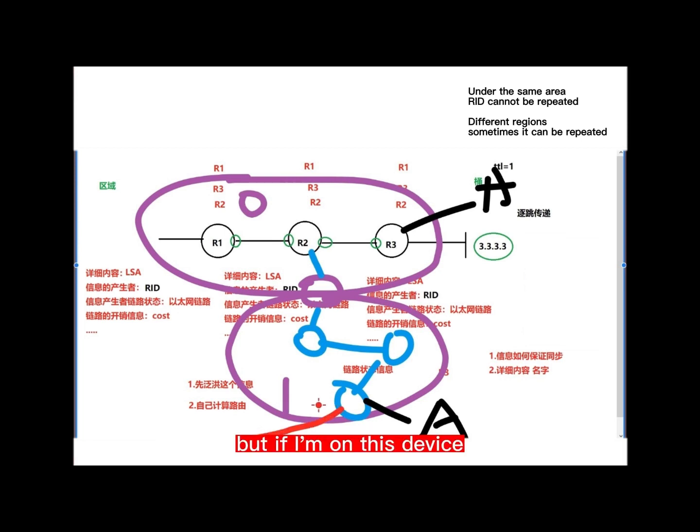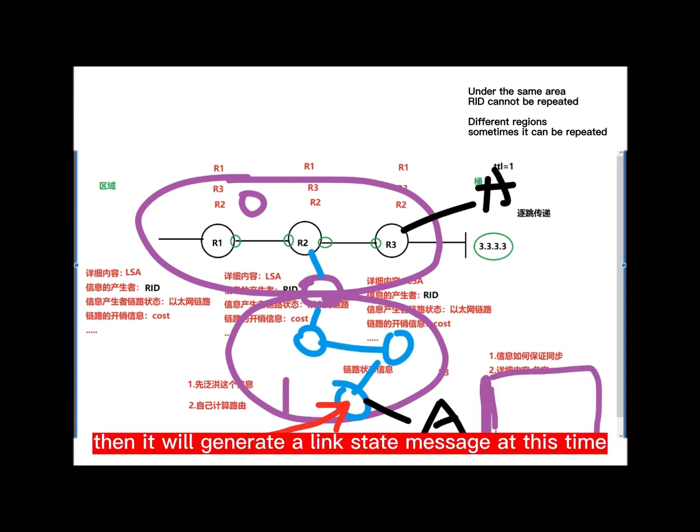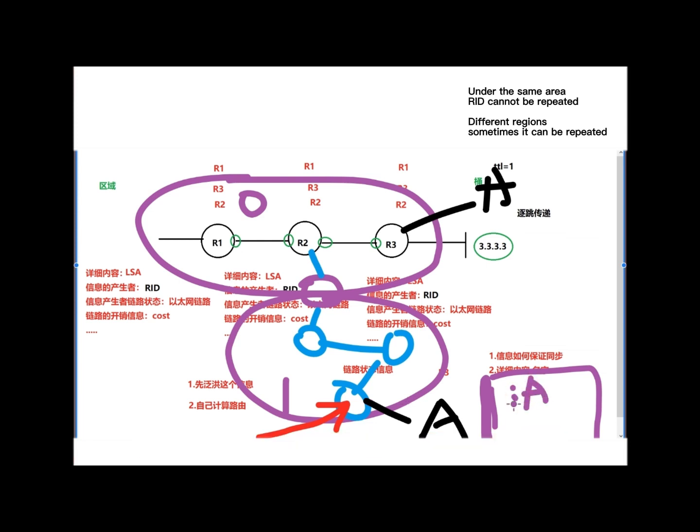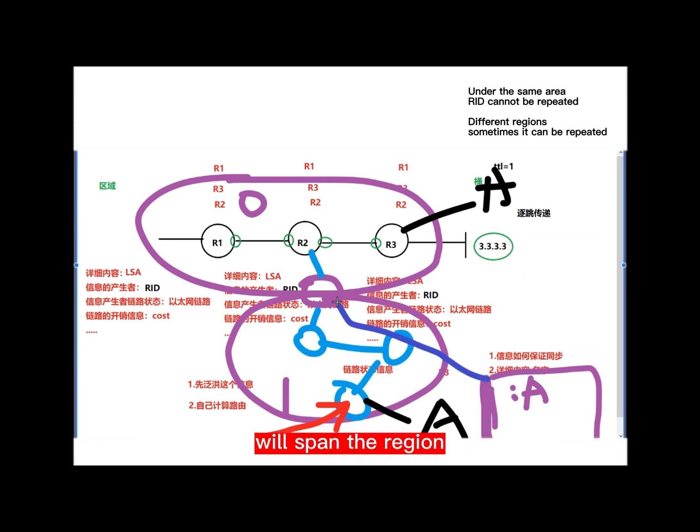But if on this device I introduce an external route, it becomes another role. You will learn ASBR later. It is equivalent to an externally introduced router. If it introduces a message, then it will generate a link state message at this time, identifying that this is generated by device A. Then the message it generates at this time will span the area to other areas.